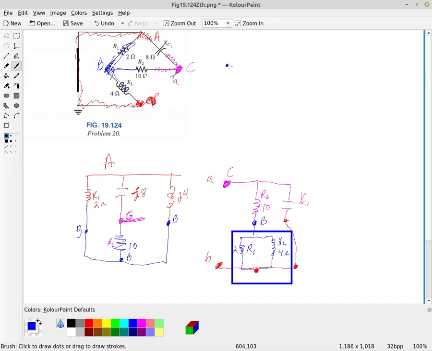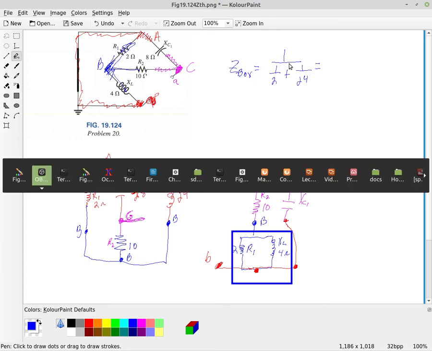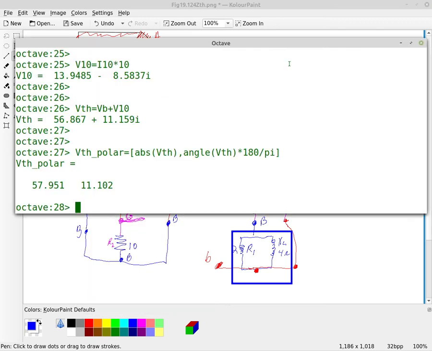So we have this box here, which I'm going to call Z box. Z box is this parallel combination of 1 over R1, which is 2 ohms, plus 1 over J4, the x of L. That gives us our Z box value, and we can pop over to our octave here and calculate that.